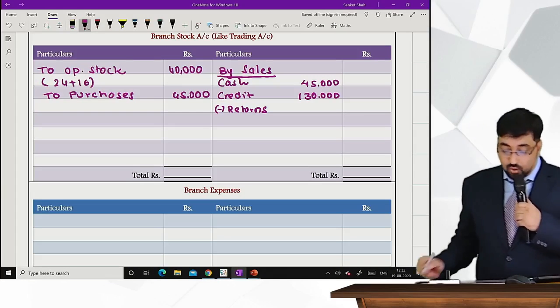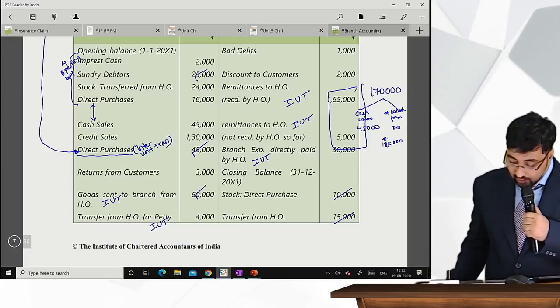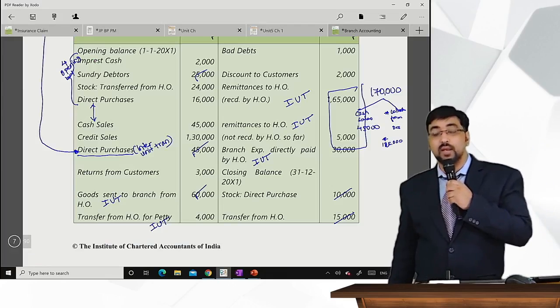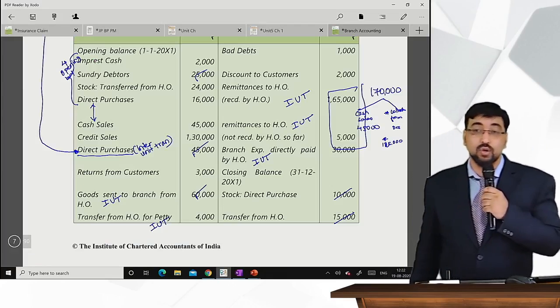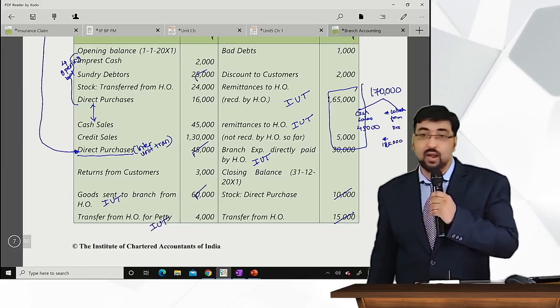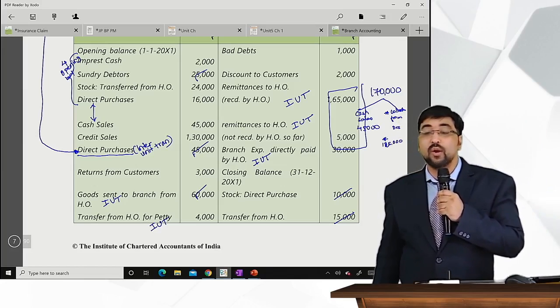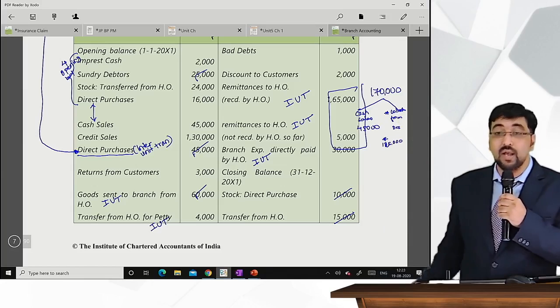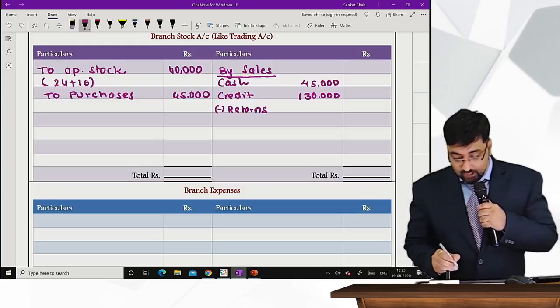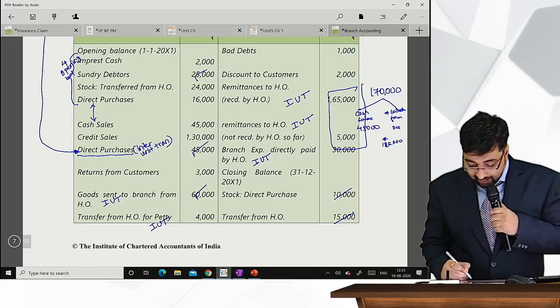And below that, now again you have returns from customers. What is the entry? Debtors return their goods. So sales return account debit to debtors account. Now sales return, we don't have to write it on the debit side, but we will deduct it from the stock only on the credit side. So returns, write down in brackets.